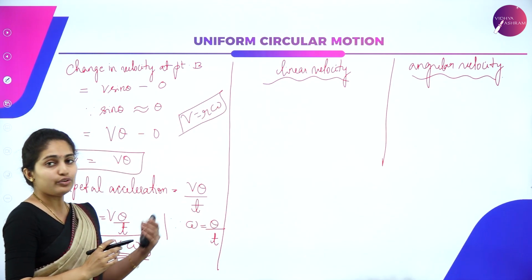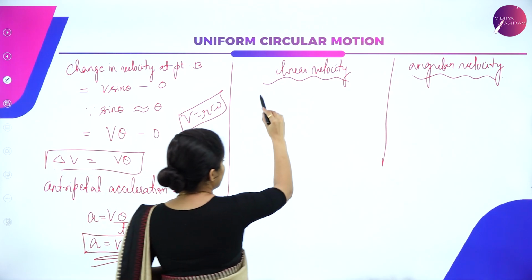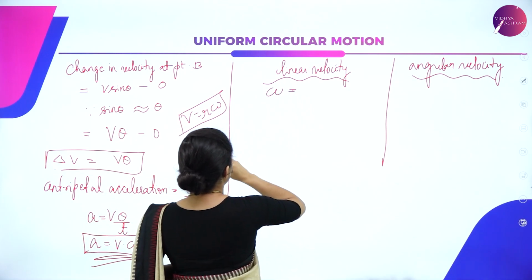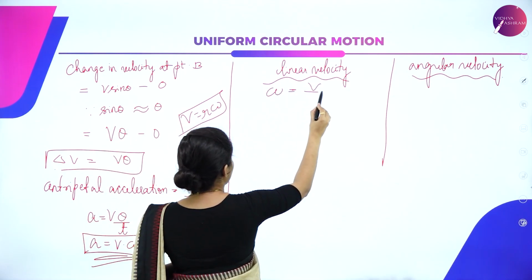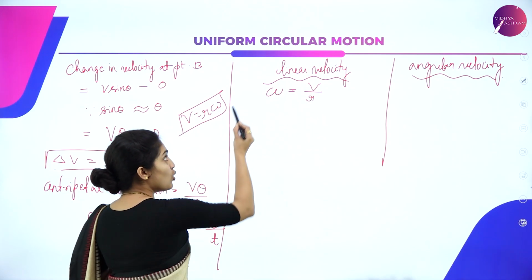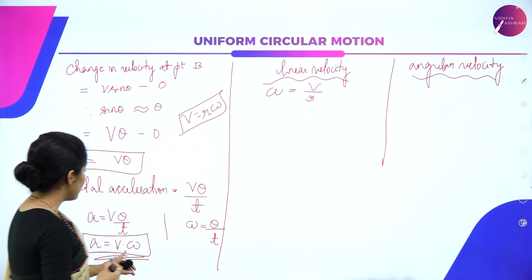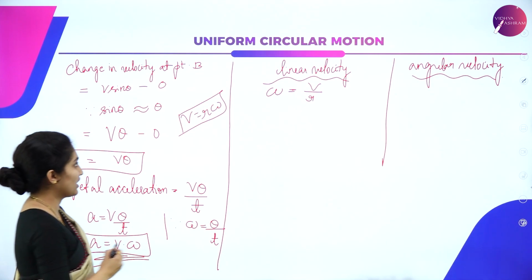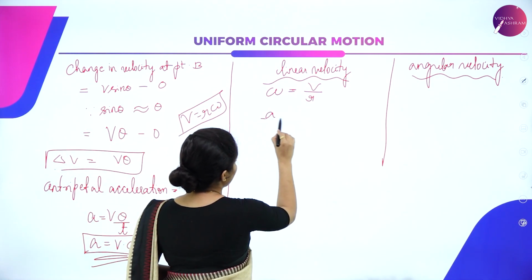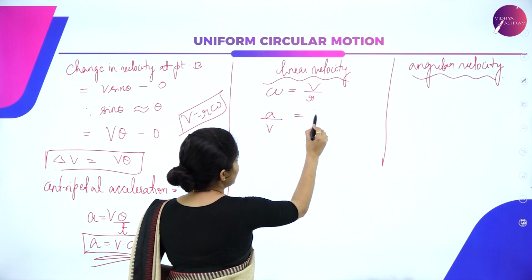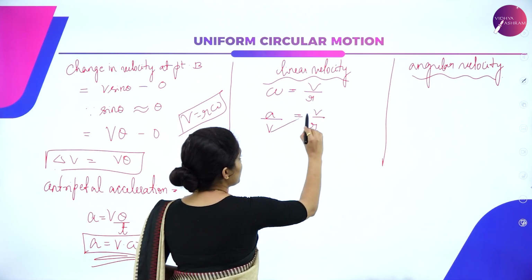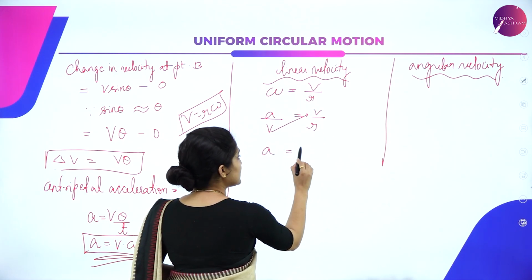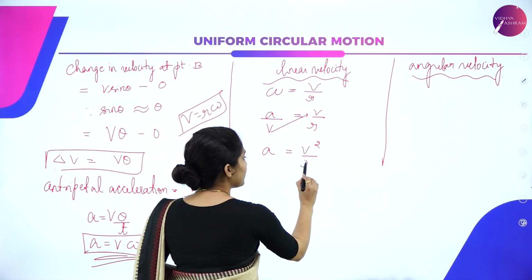In the case of linear velocity, omega is equal to V by r. So we have A by V equal to V by r. V goes with V, so A is equal to V square by r.